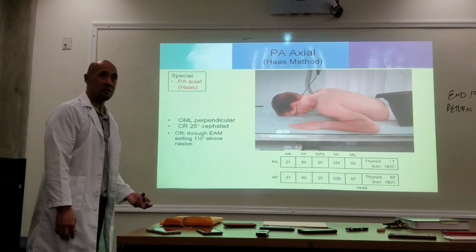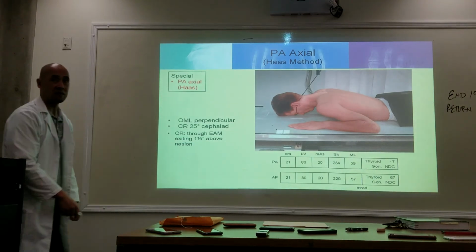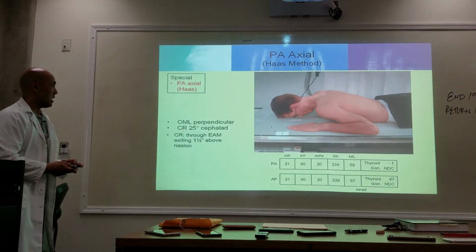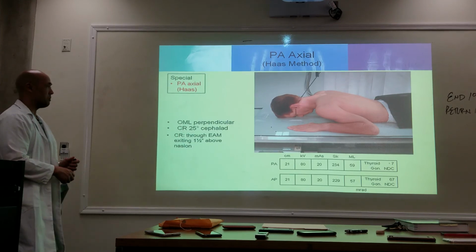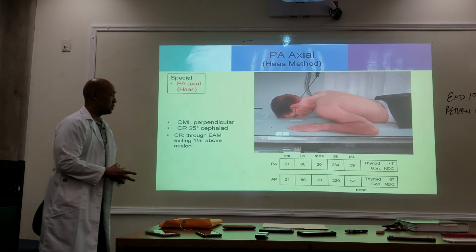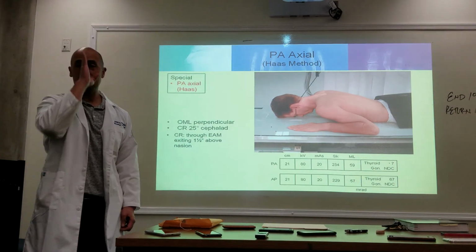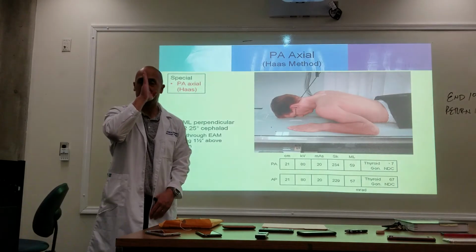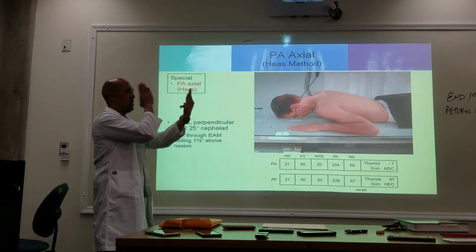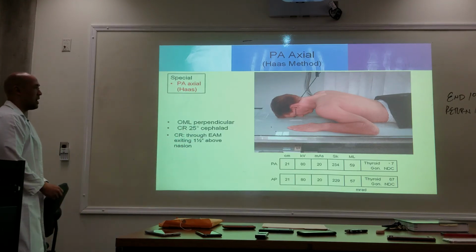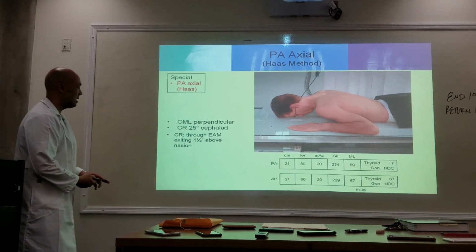This is the Haas method. It's the reverse Towne's, if you want to call it that. Okay? It's the reverse. So the OML is going to be perpendicular to the image receptor. We also want to go at the top of the head, look at the mid-sagittal plane and rotate the head accordingly so that the mid-sagittal plane is perpendicular with the image receptor. Central ray, 25 degrees cephalad.